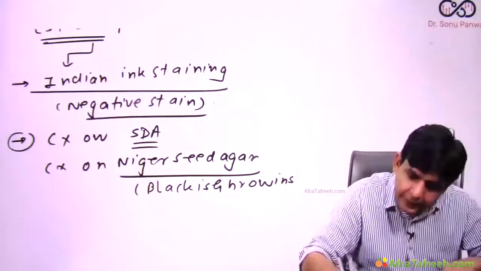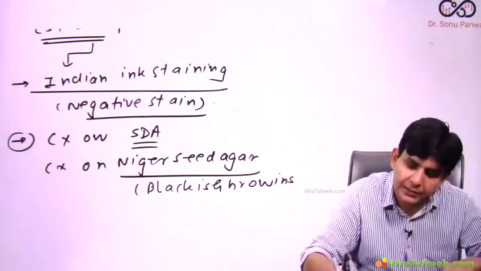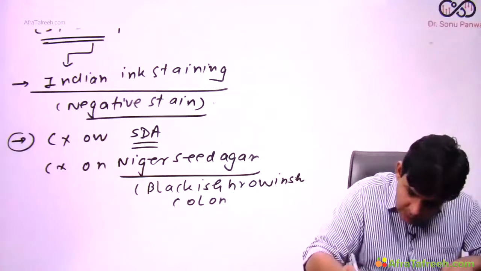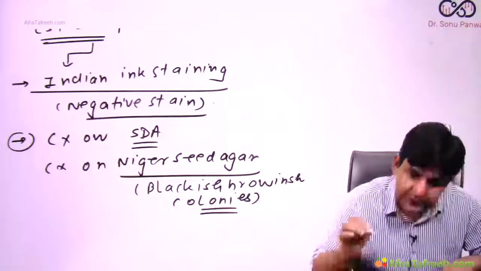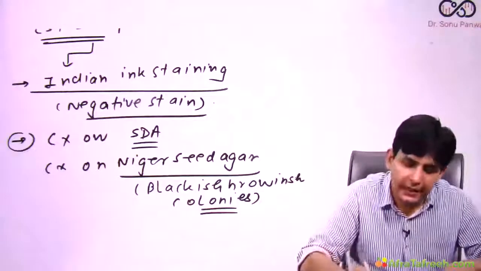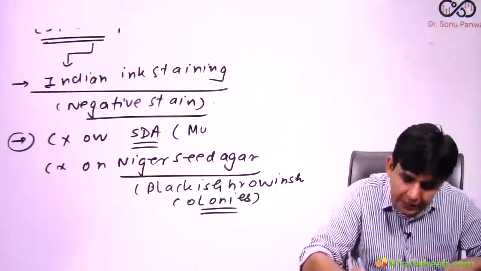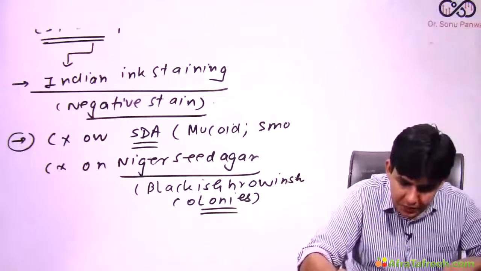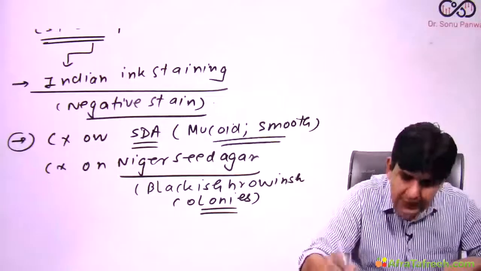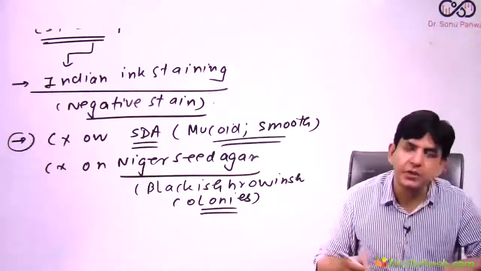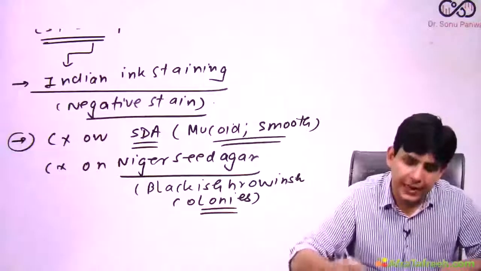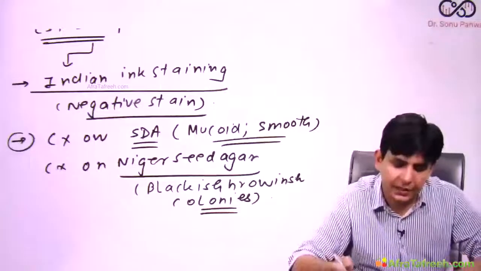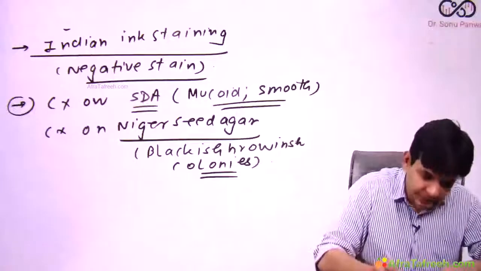On SDA the colonies are smooth and mucoid, and on Niger seed agar the colonies seen are blackish brownish.